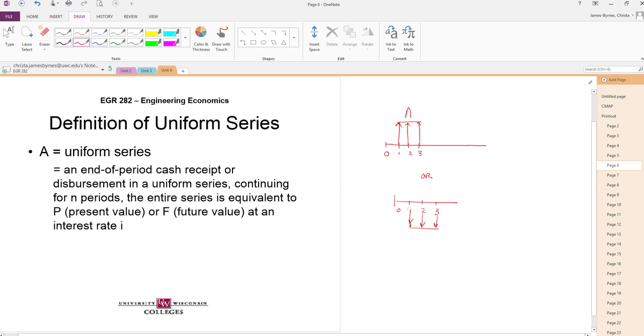And I denote that by an A. Now, that uniform series is going to be equal to either a present value or a future value. So, pay attention here. This gets confusing. The present value is one period before the uniform series. Okay? Note, one period before.